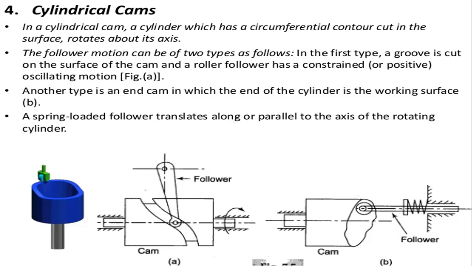In a cylindrical cam, a cylinder has a circumferential contour cut. This is the circumferential contour cut, in the cylindrical direction, in which the follower moves in the cylindrical groove. The follower moves in its groove.